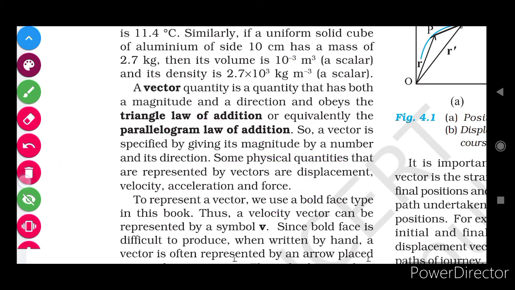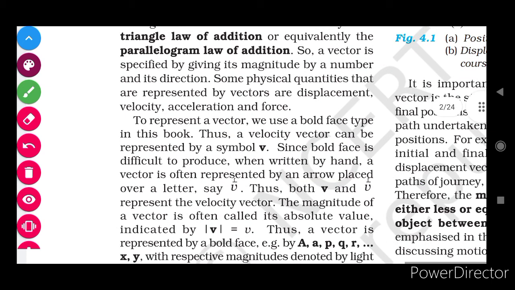So a vector is specified by giving its magnitude by a number and a direction. Some physical quantities that are represented by vectors are displacement, velocity, acceleration, force. So we give a direction also. To represent a vector, we use a bold-face type in this book. Thus a velocity vector can be represented by a symbol V. So in this book, they are making it in bold letters.